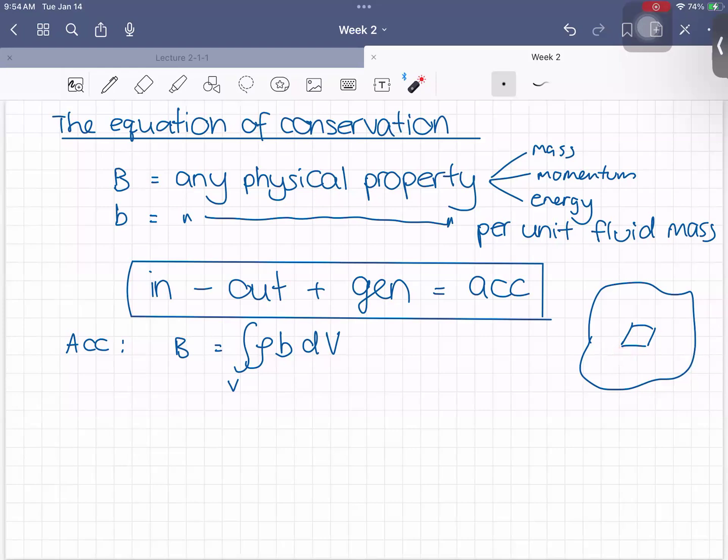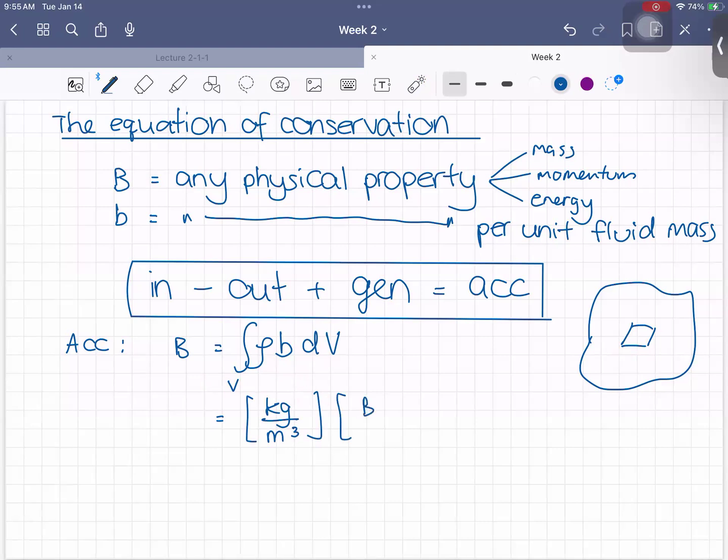So let's check if both sides are actually equal. The density, you know the unit of density, what is it? Let's do SI units: kilograms per meter cubed. What about small b?